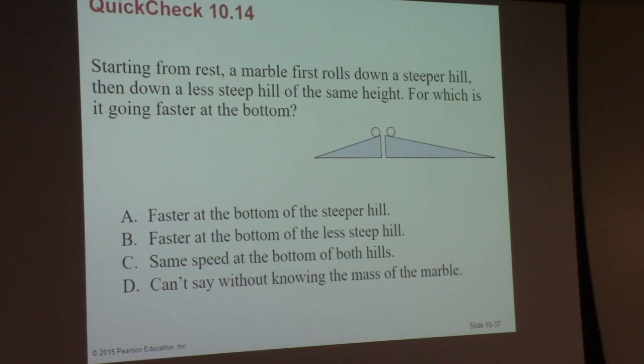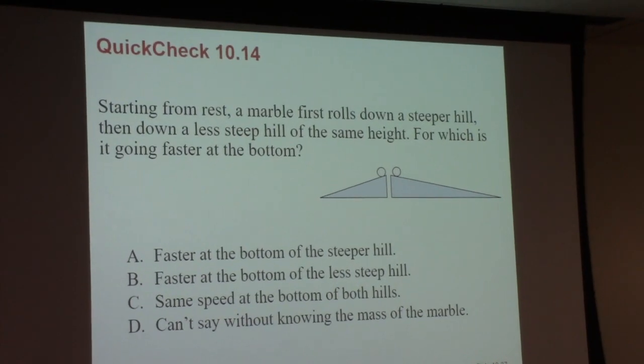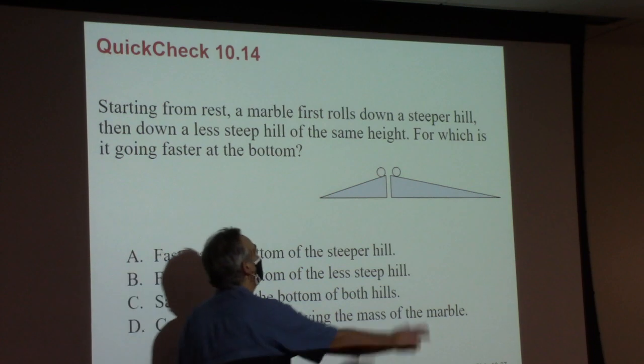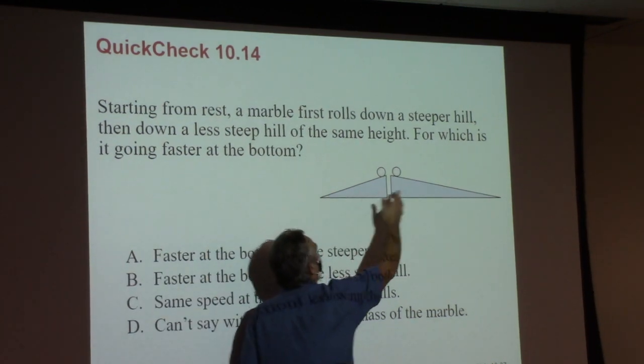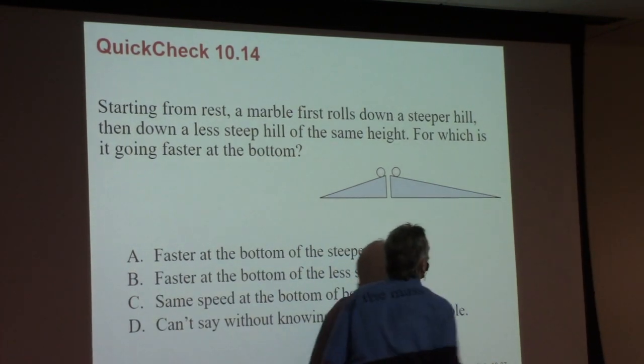Okay, good. Here's a quick check thing we can vote on. Starting from rest, a marble rolls down a steeper hill, then down a less steep hill. For which is it going faster at the bottom? So it starts here, goes down a steep, starts here, goes down a not as steep.